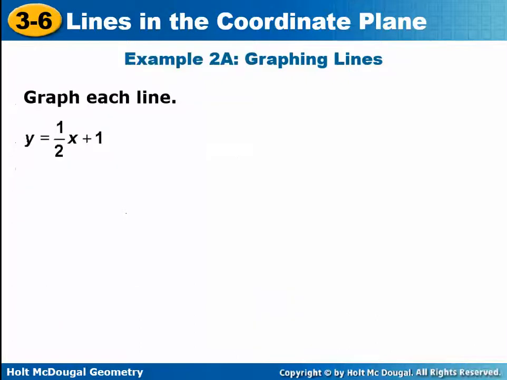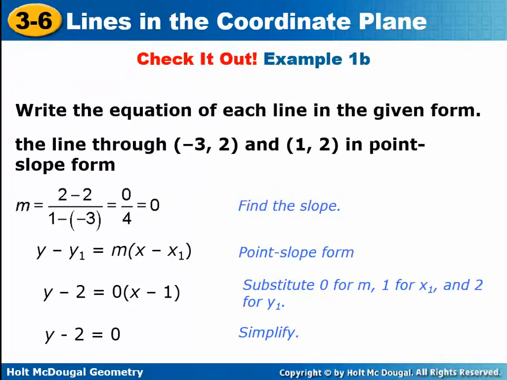You get y equals 2. Add 2 to both sides. That is the y-coordinate of both of these. Y equals 2 is another horizontal line going through the y-axis at 2.